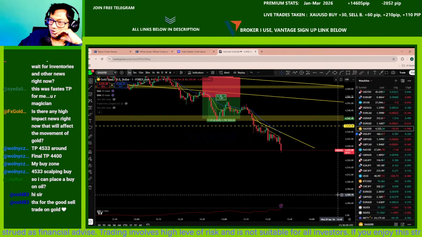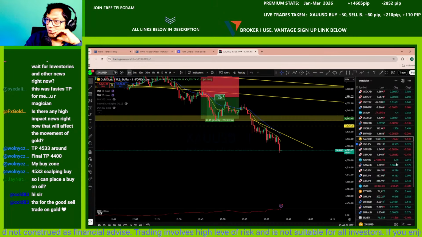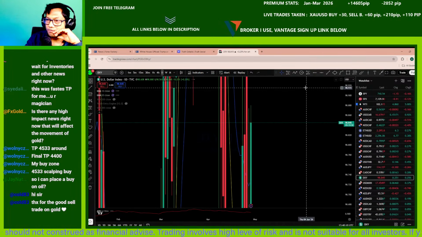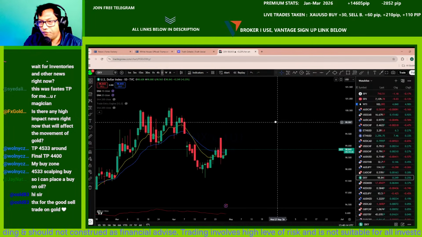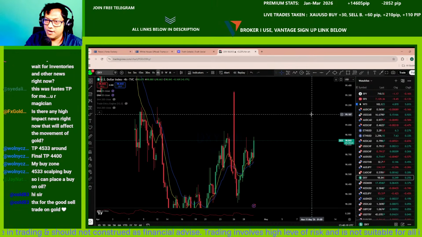Sharply in a downtrend as FOMC is coming, so we are seeing a significant move. If you look at the DXY, it is in a sharp uptrend. There is a gap open, and off this level the DXY is maintaining that uptrend.